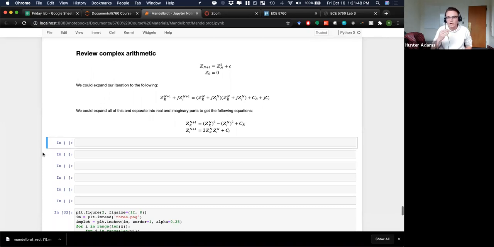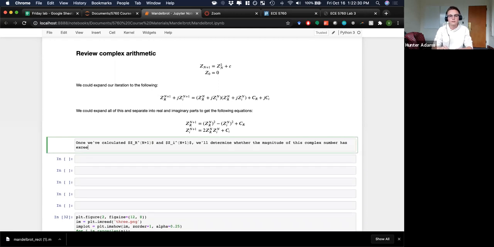So when we're doing this iteration, we will have some Z. We'll calculate ZR n+1, ZI n+1. Once we've calculated ZR n+1 and ZI n+1, we'll determine whether the magnitude of this complex number has exceeded 2.